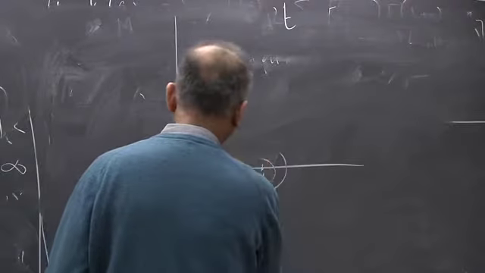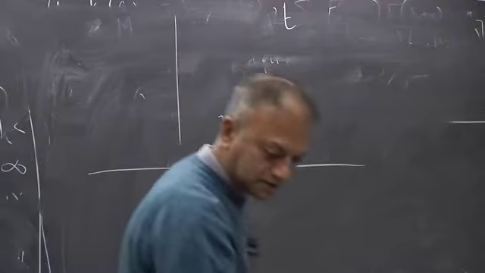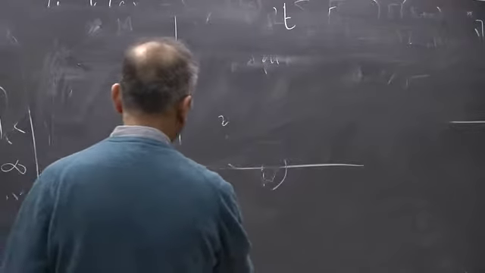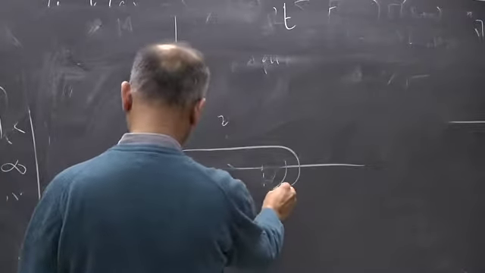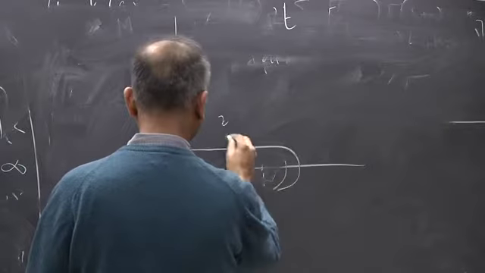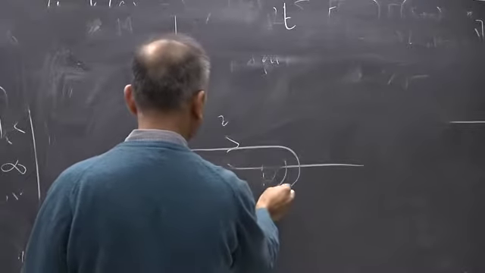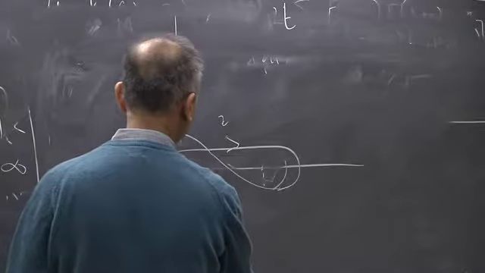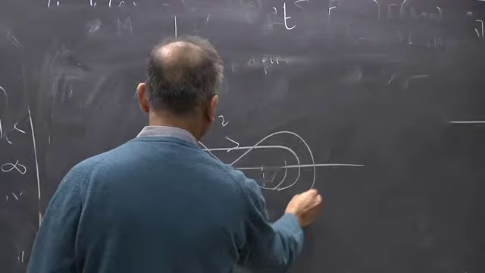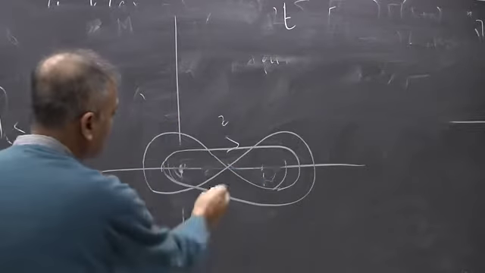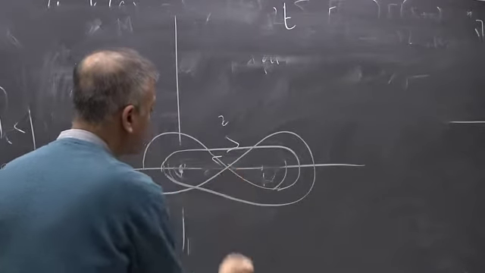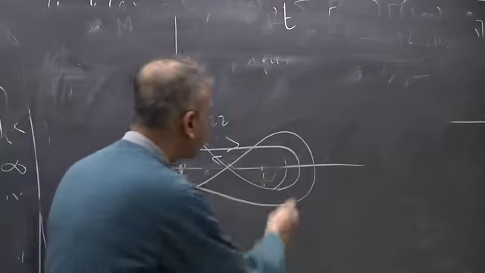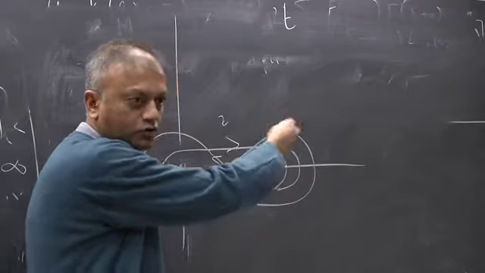For example, if I go around this, come here, then go around like that, come here, go around like that. You can choose various contours in such a way that every time you go around some of these branch points, you will go to a different sheet.